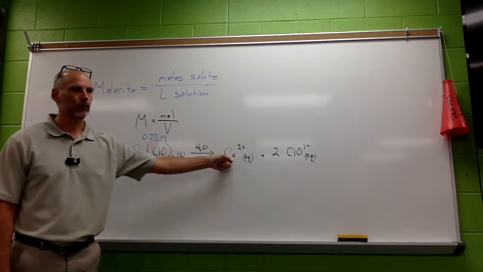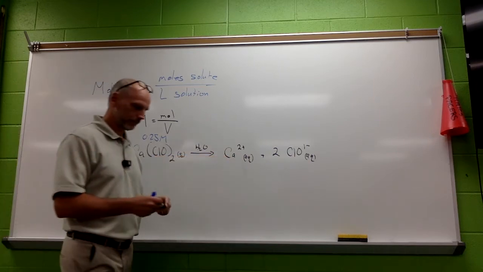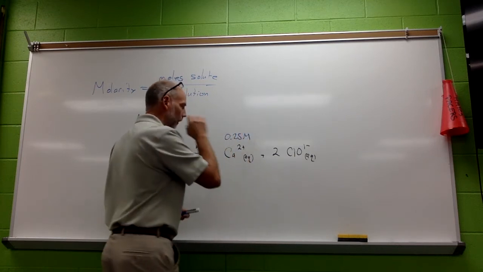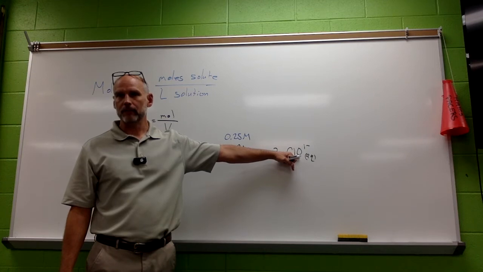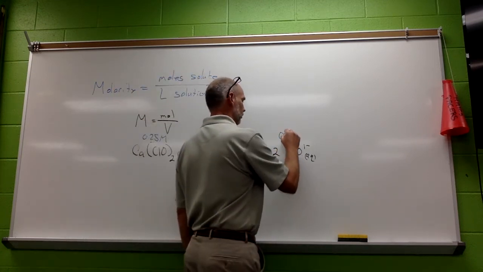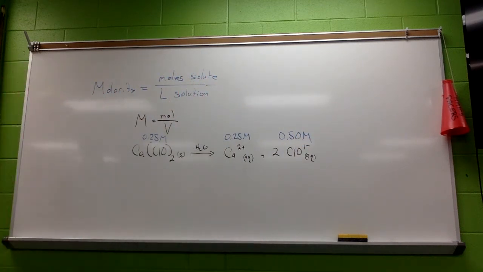So therefore, what's the concentration of calcium ions? 0.25. What is the concentration of the hypochlorite ion? 0.125.